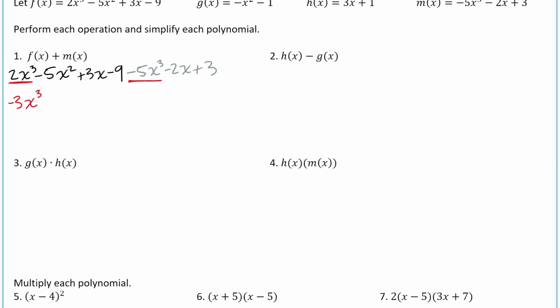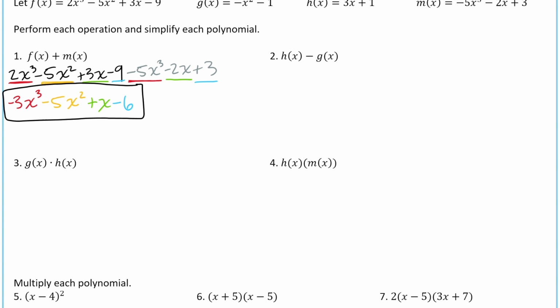Then I'll do the same thing for x squared, but there's only 1, so I will just write it down below. It has nothing to combine with. I have a 3x and a -2x, so when I add those together, I get 1x, or plus x. And finally, -9 plus 3, so that's -6. So I have my simplified expression.